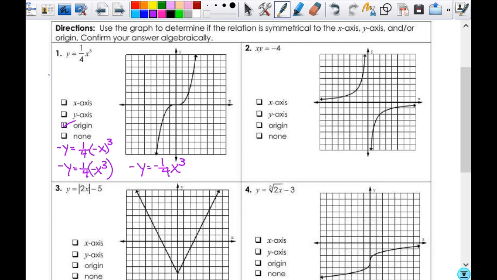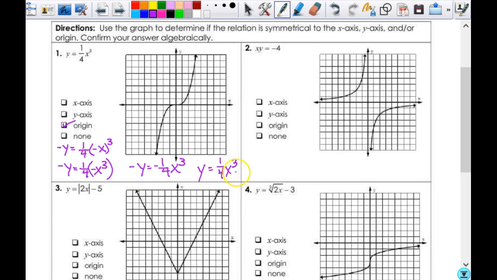And so if I multiply everything through by a -1, and the key with that, guys, is always everything. Like you can't just do one term on one side, there's only one term on each side, but you make sure you do everything, and then y equals 1/4 x cubed. Because your rule is, whatever you do to one side, you do to the other. So if I multiply the left by -1, I multiply the right by -1, they're still equal.